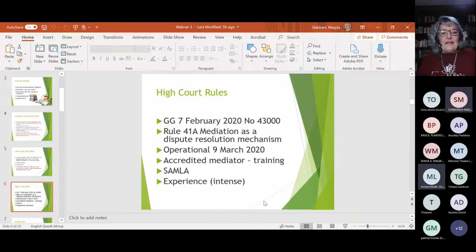Then I'm just drawing your attention again to the Government Gazette of 7 February 2020. It specifically addresses Rule 41A, and it indicates that mediation should be used as a resolution mechanism in medical negligence cases.